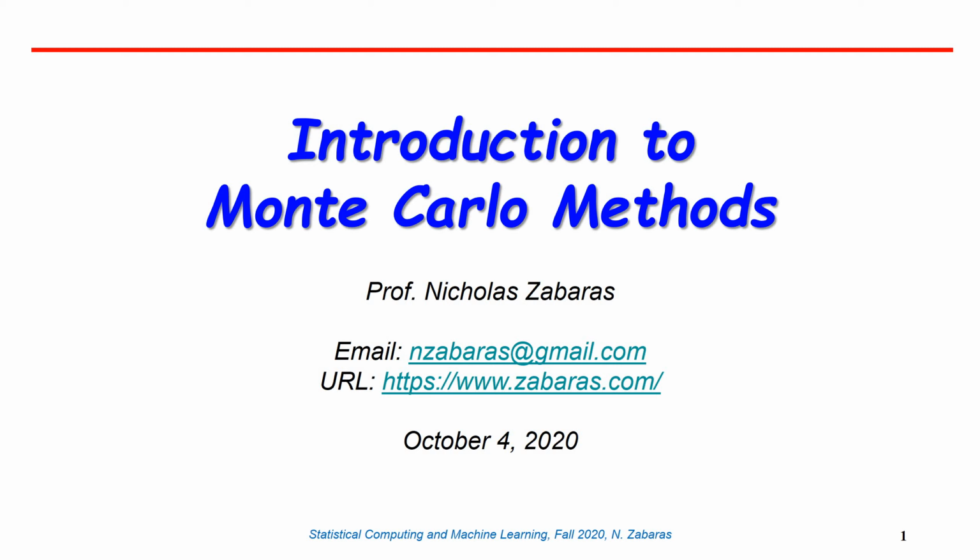So I feel that it is essential to spend a number of lectures reviewing Monte Carlo methods, both from a theoretical but also from a practical and algorithmic point of view. Okay, so let's see the type of topics that we will be covering in this lecture today.